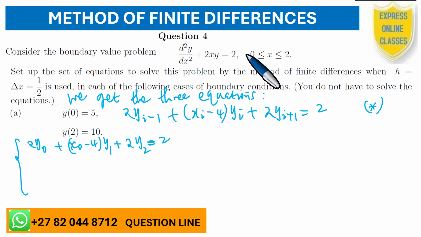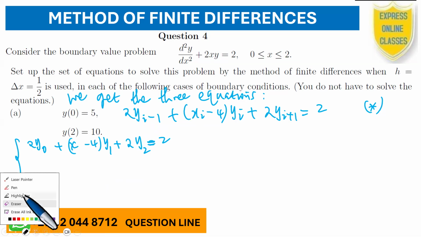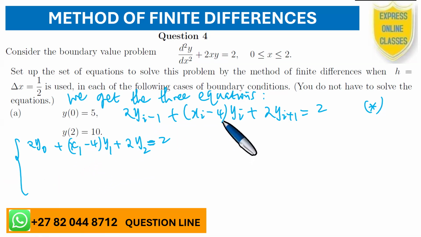We don't have y at minus 1. We start from x0, which yields y0. And because of that, we're starting with y0. And therefore, we take i equals 1. When i is 1, 1 minus 1 is 0. And then when we take i equals 1, this is also going to become a 1, right? It's going to become a 1 minus 4, a 1, and then a 2.